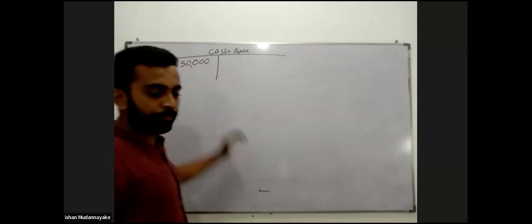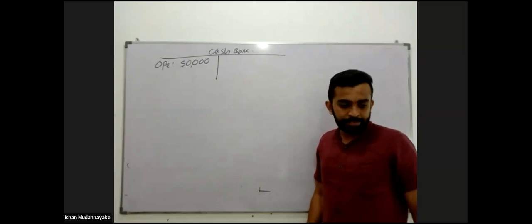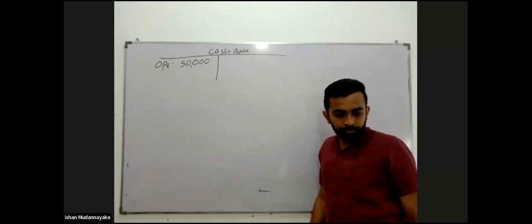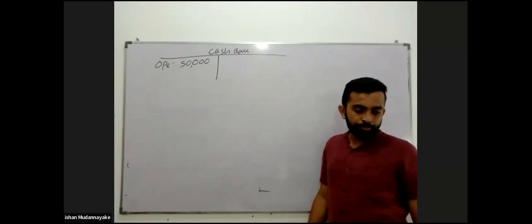Is this 50,000 an asset, liability, equity, income or expense? What is the category of this 50,000? Equity? Equity. Issue? Opening balance of the cash book.